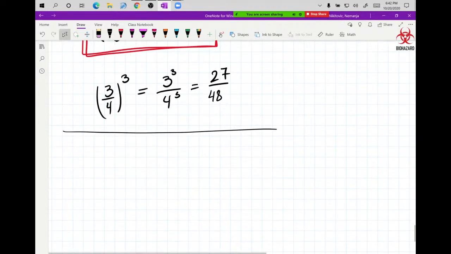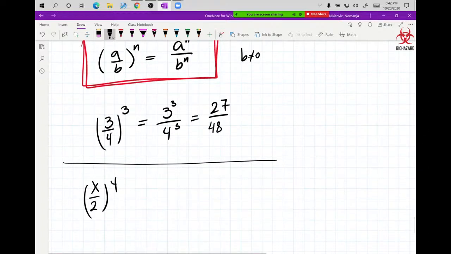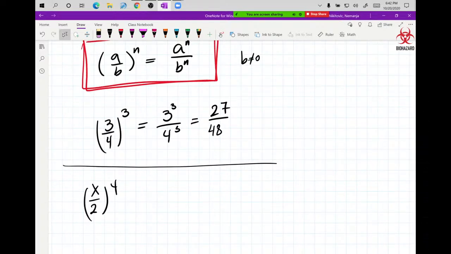X over 2 to the 4th power. So write it out. And then if you can compute anything, compute. Anyone?